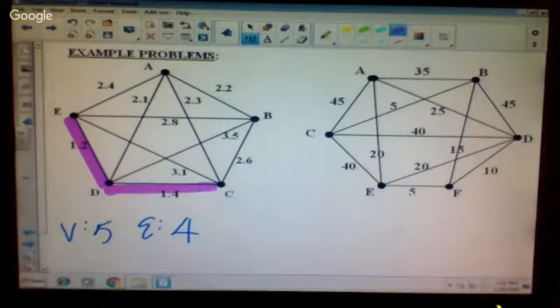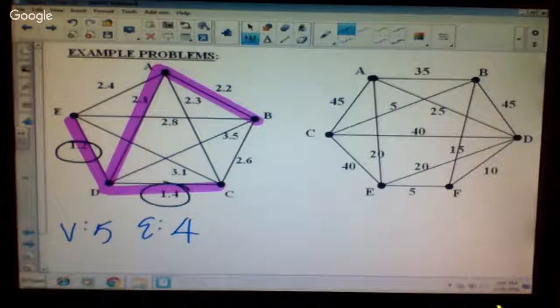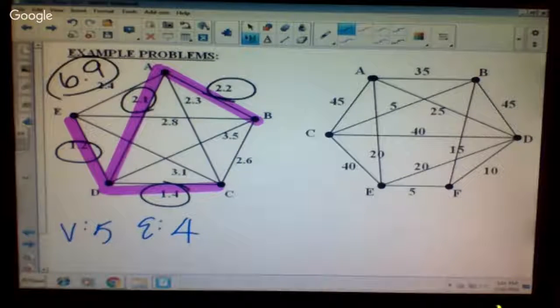There's edge 2. 2.1. There's edge 3. 2.2. There's edge 4. That one was easy. You didn't have to skip over any. Okay. And again, the last thing you need to do is add up 1.2, 1.4, 2.1, and 2.2. Your MST has a weight of 6.9.